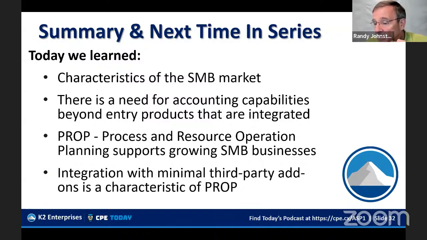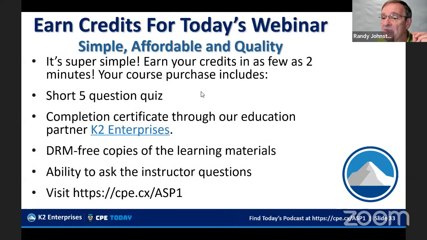Integration with very minimal third parties is better. A long-term associate of mine used to call it one throat to choke. I understood that because you don't want finger pointing going on. I think it's another characteristic of prop: there are very few third-party players along the way.